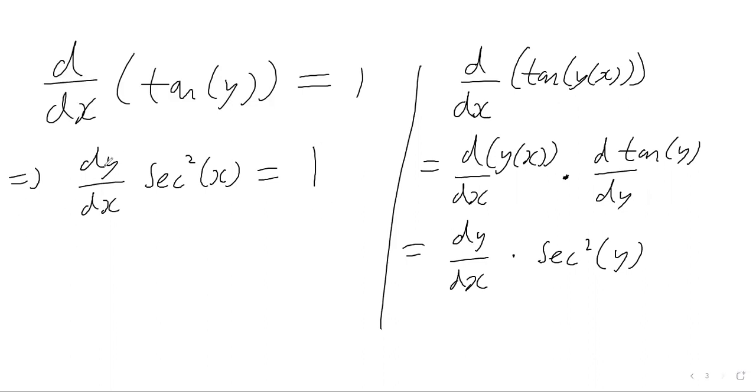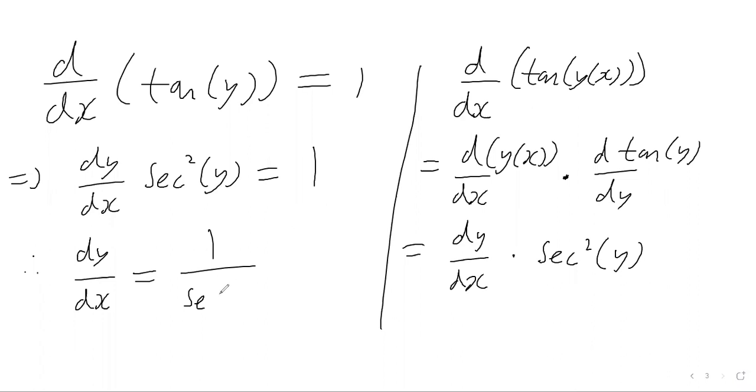Now we can get dy by dx as the subject of the formula, because we want to calculate dy by dx. That's the objective of what we're trying to do. So dy by dx equals 1 over sec squared. Sorry, I've made a mistake again, the same mistake as in the previous video. This should be a y inside there.